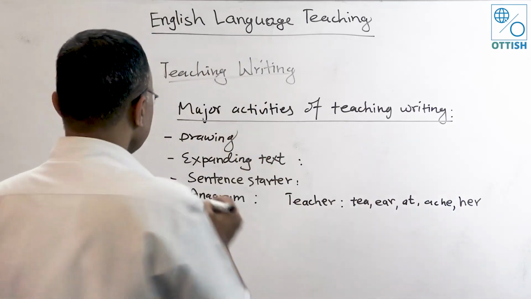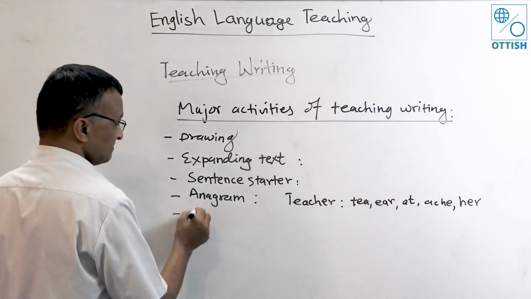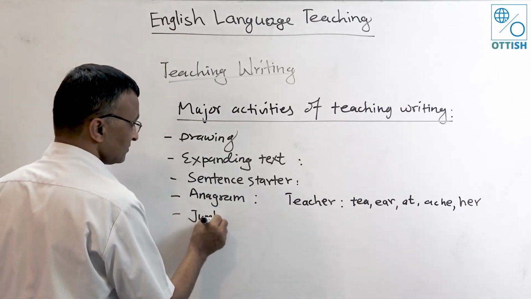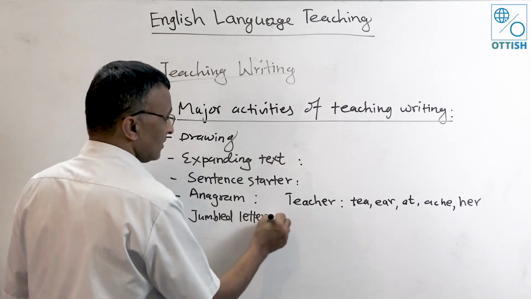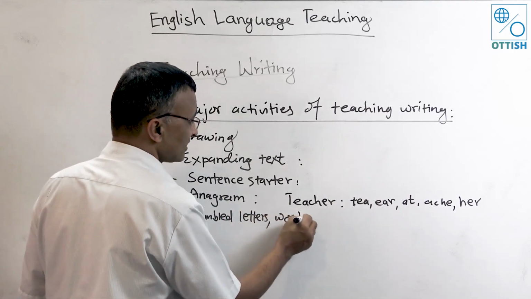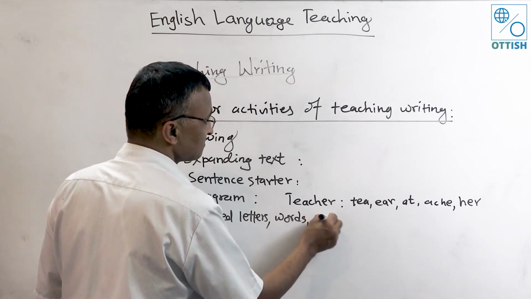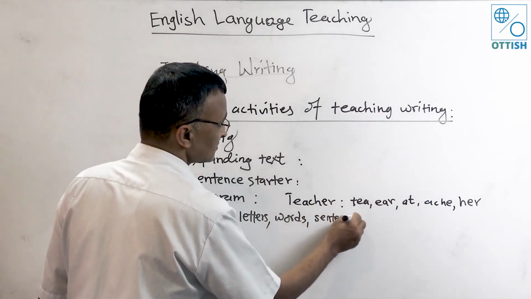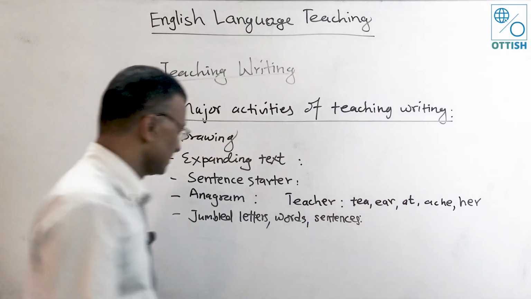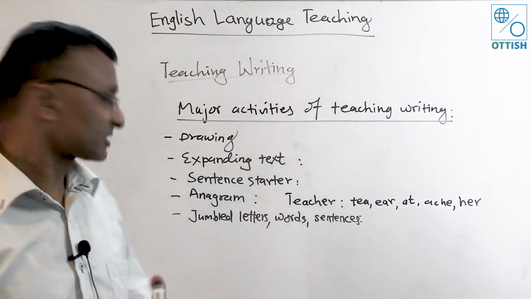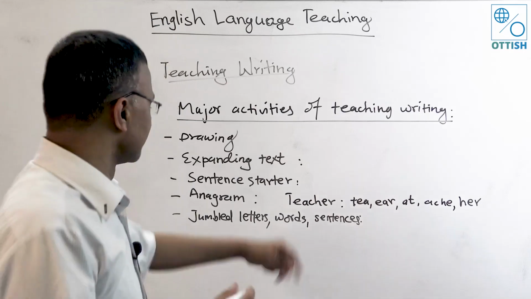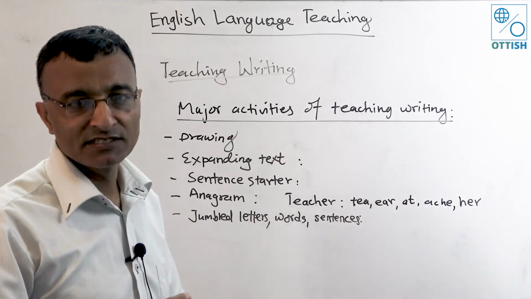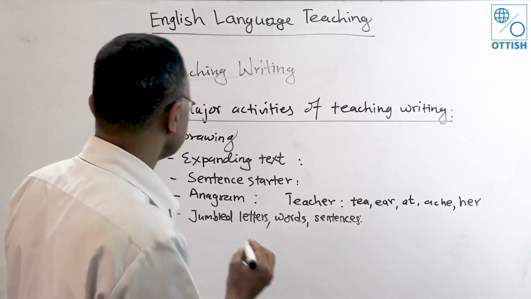And jumbled letters, jumbled words, jumbled sentences can be used as activities. First of all, jumbled letters. By giving jumbled letters, the students are asked to make a correct word.